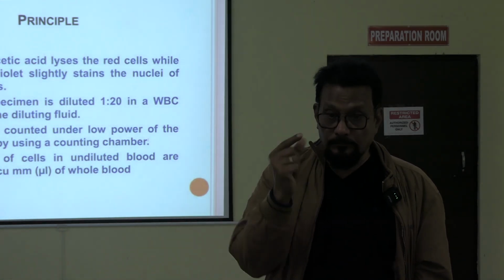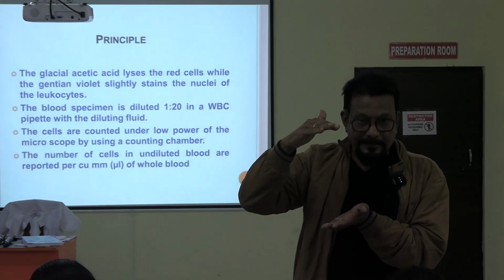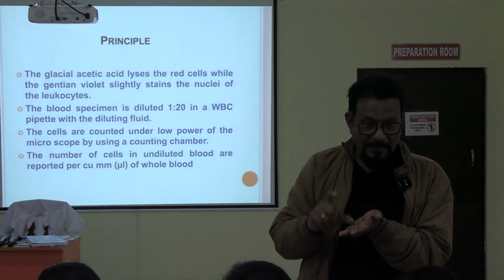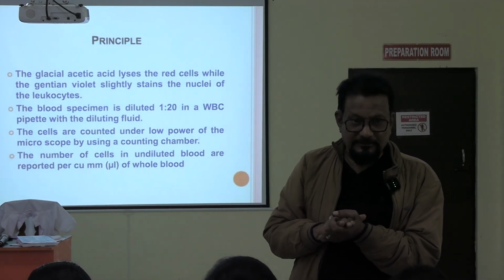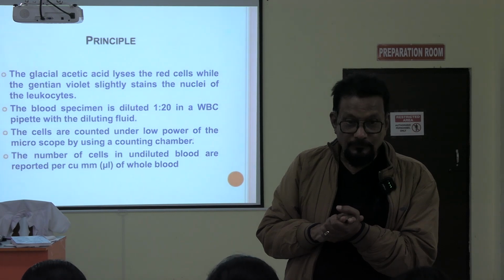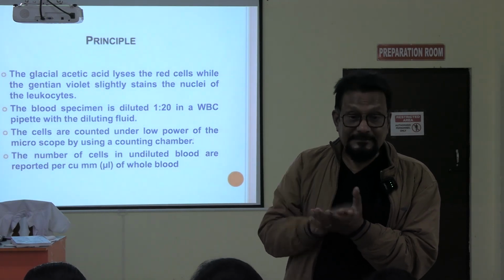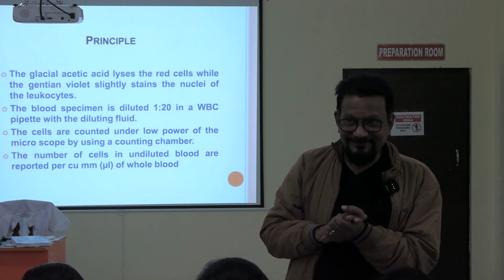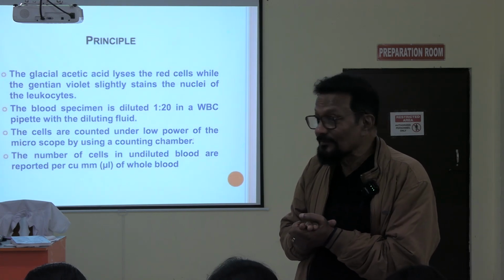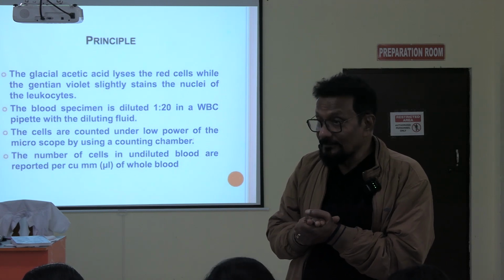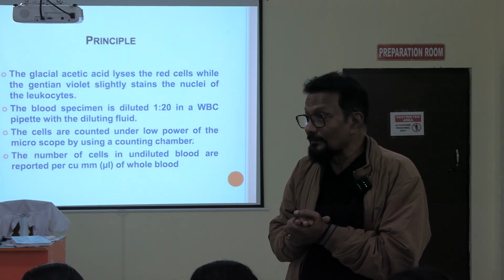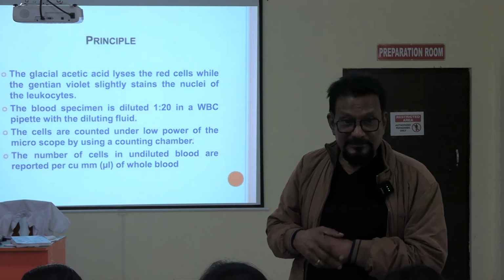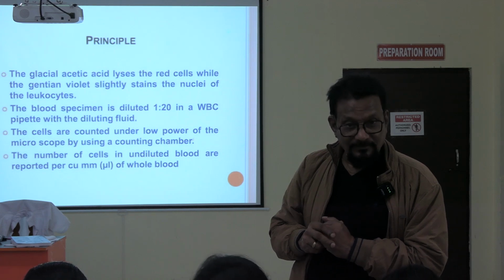Ultimately I have to make 100 ml. So I will take 97 ml of water, and glacial acetic acid you have taken 2 ml. So the remaining 1 ml would obviously be gentian violet.